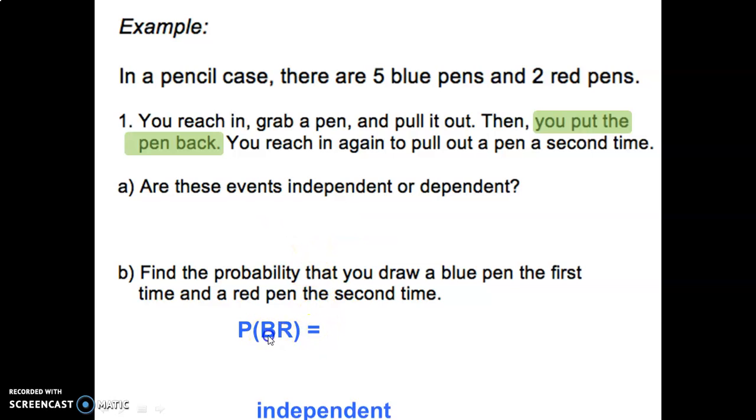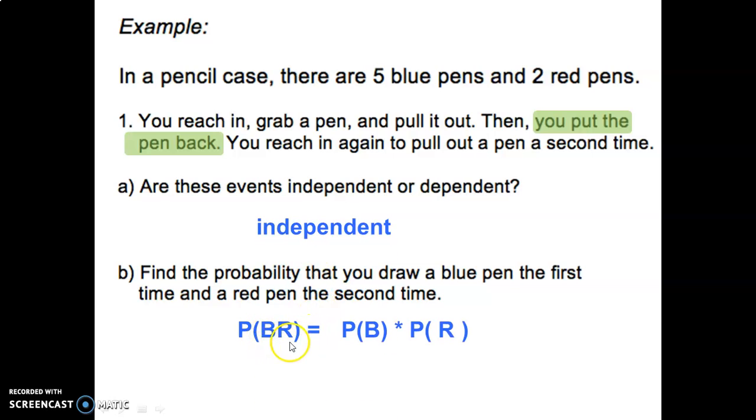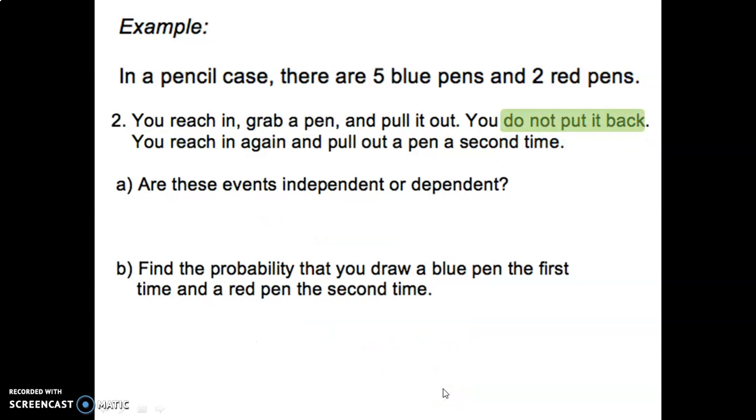So the probability of getting a blue then a red pen is just the probability of blue times the probability of red, and those numbers are 5 out of 7 blue times 2 out of 7 red. Again, it's 7 because you have put the pen back the first time, so the pencil case is exactly as it was in the beginning. There's our answer.